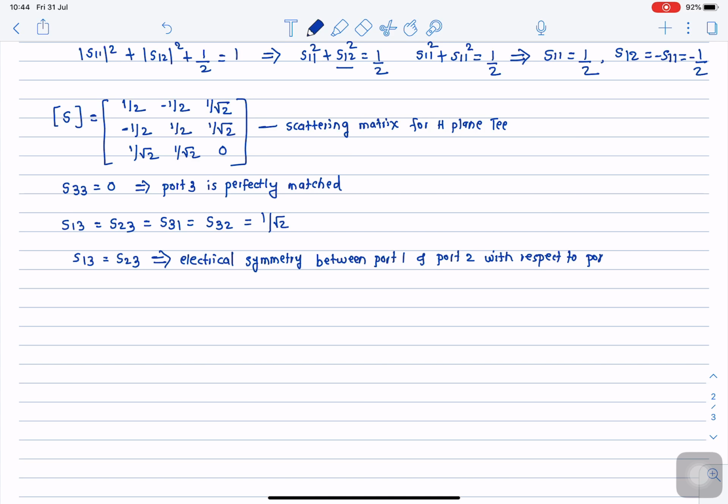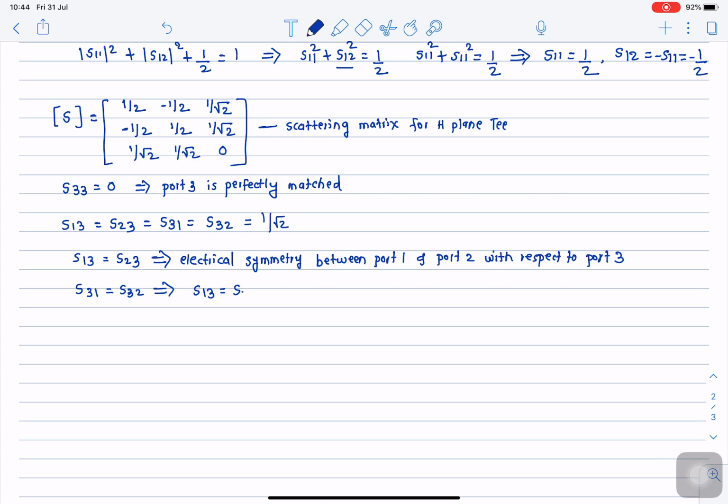And similarly over here, what we can write, S31 is equal to S32, or you can also write this as S13 is equal to S23, which again indicates the electrically symmetrical property.